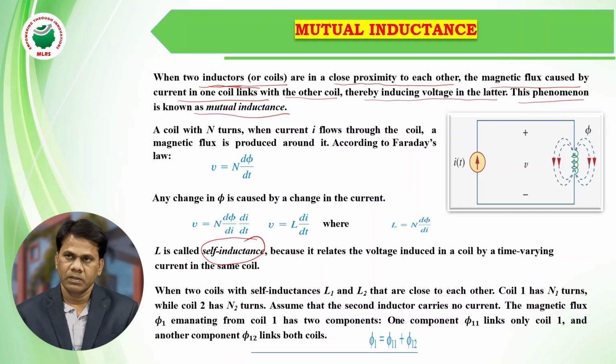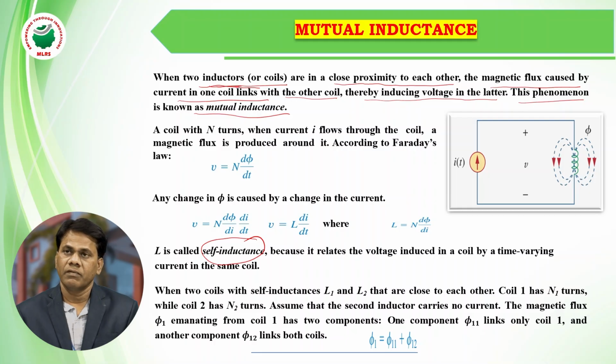So what is the difference between self-inductance and mutual inductance? No doubt, both are a property of inductance which opposes any changes in current, that is, sudden changes in current.